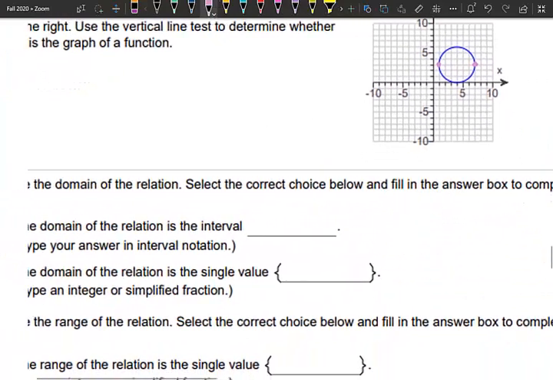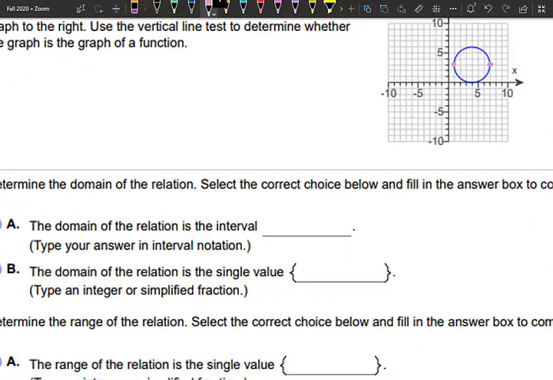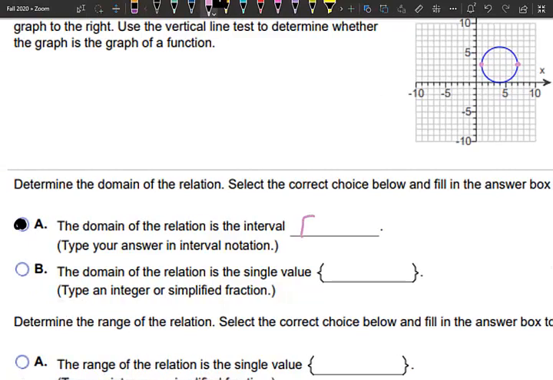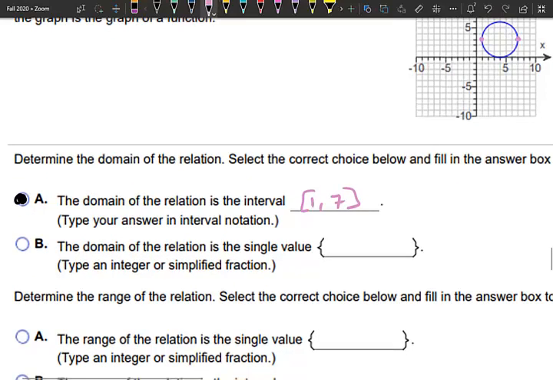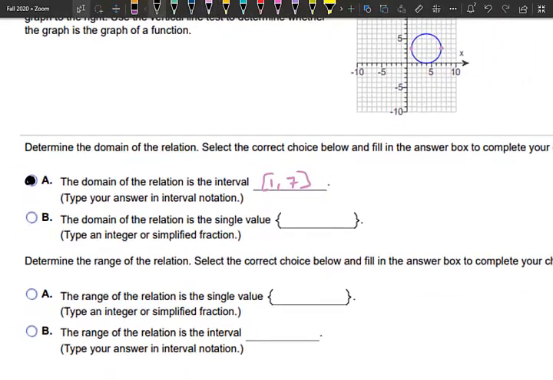And since it's a solid circle, we do brackets. So 1 to 7. Now the range, since it's a circle, we do the same thing we just did. It's going to be interval notation, smallest y to biggest y, so 0 to 6.